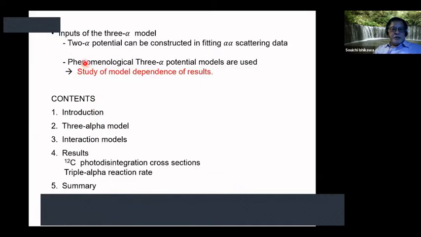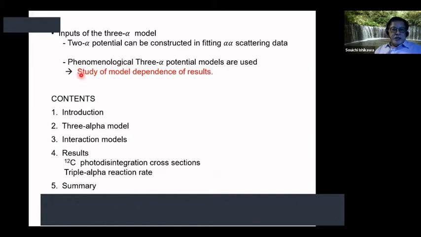In the 3 alpha model, I have 2 essential inputs. One is the 2 alpha potential. This can be constructed from scattering data of alpha-alpha elastic scattering. Another input for the model is the 3 alpha potential, which depends on the coordinates of the 3 particles.